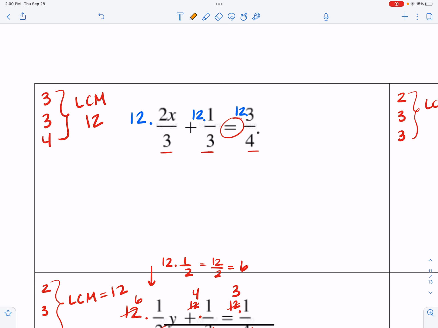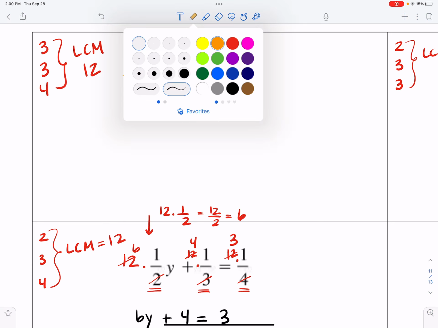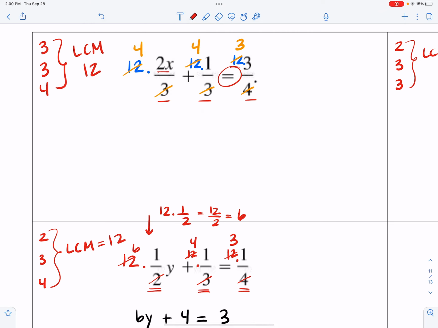So notice here, 12 divided by 3 leaves me with 4. No more denominator. 12 divided by 3, same thing there. And then over here, 12 divided by 4 is 3. Now don't forget the part that was already there in your numerator.